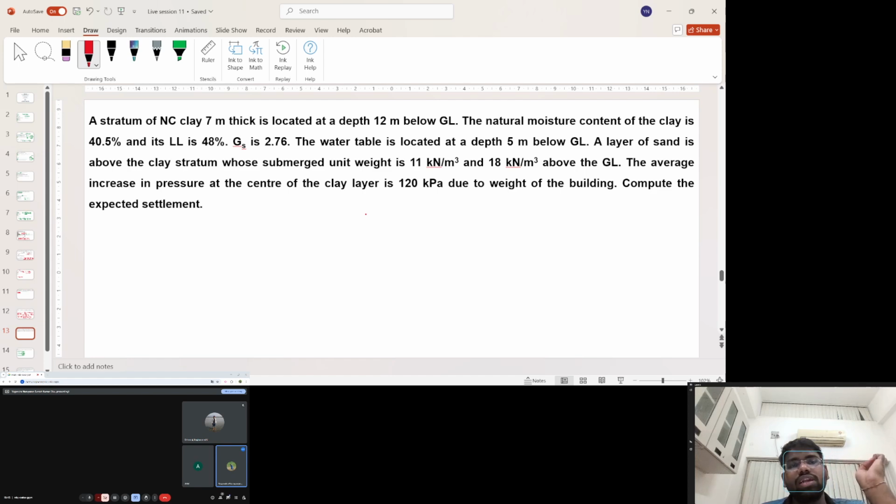The water table is located at a depth 5 meter below ground level. A layer of sand is above the clay stratum whose submerged unit weight is 11 kilonewton per meter cube and 18 kilonewton per meter cube above the water table. The average increase in pressure at the center of the clay layer is 120 kPa due to weight of the building. Compute the expected settlement.